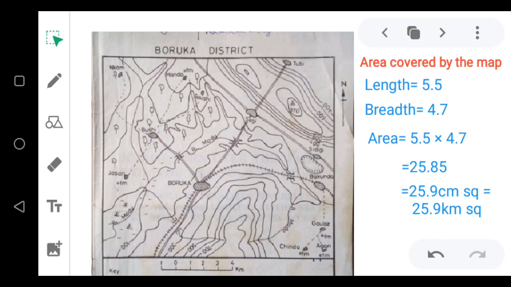So 5.5 times 4.7 will give you 25.85, which is approximately 25.9 centimeters. So 25.9 centimeters is the same as 25.9 kilometers, since 1 centimeter represents 1 kilometer. So your answer is 25.9 kilometers square. It's as simple as that.